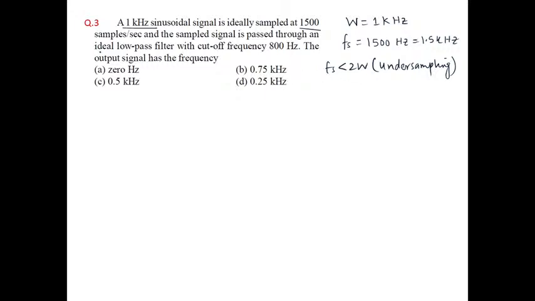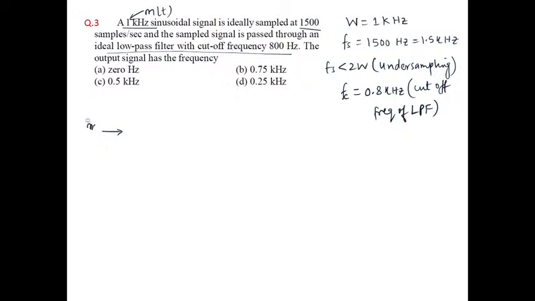So you must be a bit cautious regarding it. It is passed through an ideal low pass filter with cutoff frequency of 800 Hz. Now what is the cutoff frequency of the low pass filter? Fc is equal to 0.8 kilohertz. So this is the cutoff frequency of the low pass filter. Now what will be the output signal? The output signal has the frequency. Now there is a signal, let us call it m(t), and its bandwidth is 1 kilohertz.